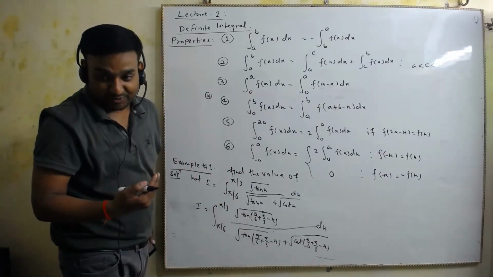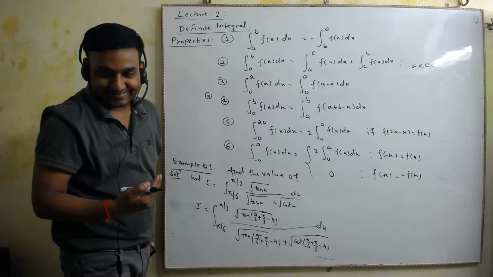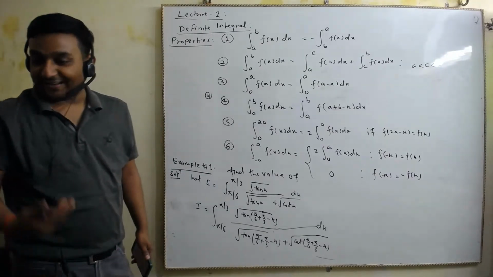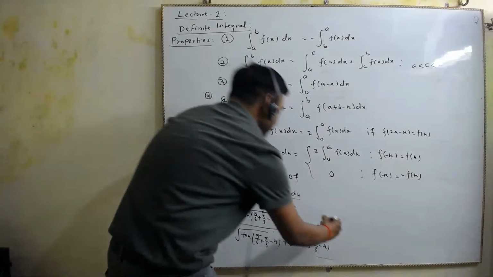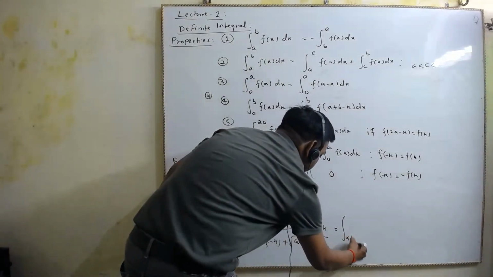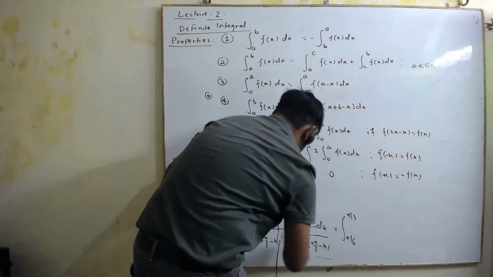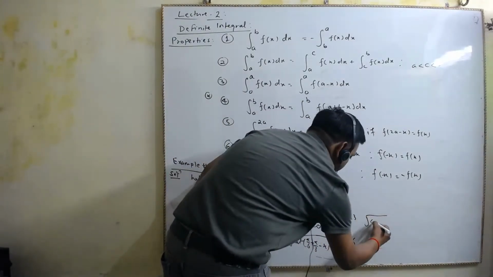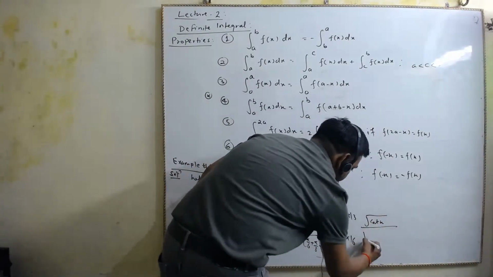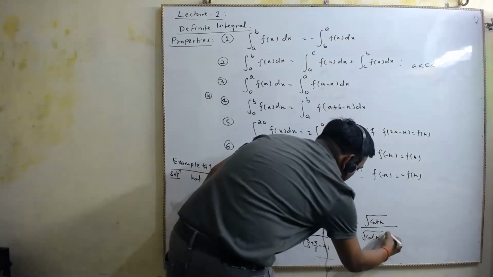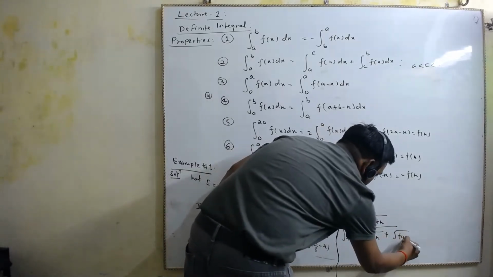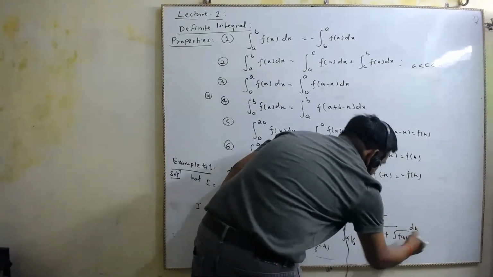So tan of pi by 2 minus x is what? Cot x, right? So this gives you pi by 6 to pi by 3 square root of cot x divided by square root of cot x plus square root of tan x dx.